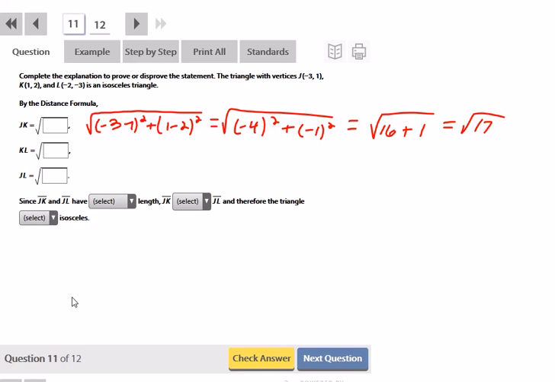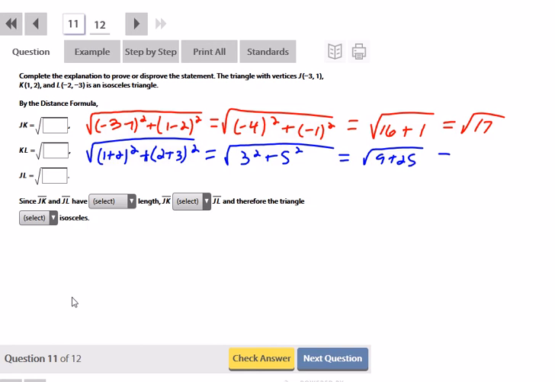KL is going to be square root of 1 plus 2 squared plus 2 plus 3 squared, which is equal to 3 squared plus 5 squared, which is equal to 9 plus 25, which is the square root of 34.